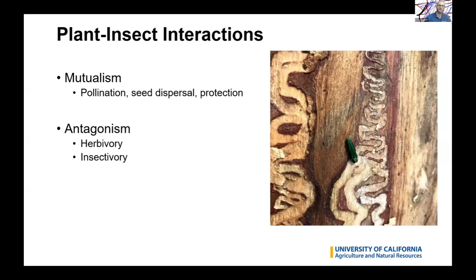And this is ultimately what we care about in our mortality spiral, right? We care about this herbivory that's going on with insects and trees. But just to throw it on here, there are plants that feed on insects, right? So you get that insectivory as well, but just not as common.